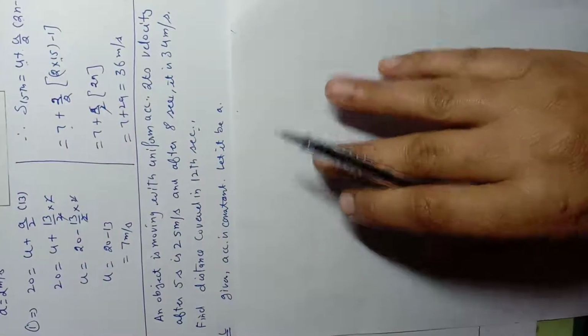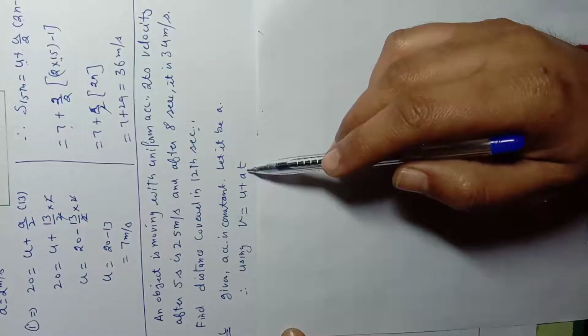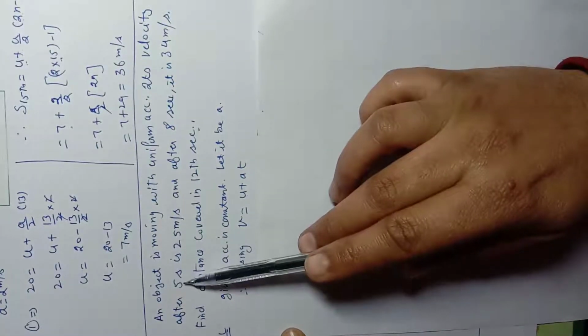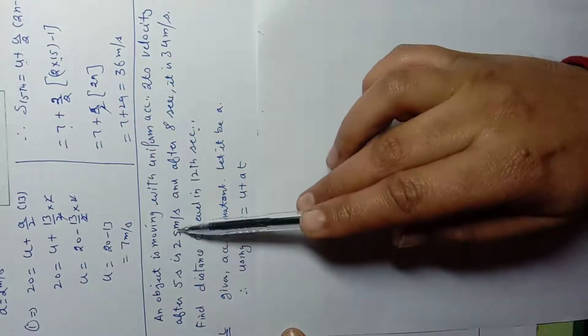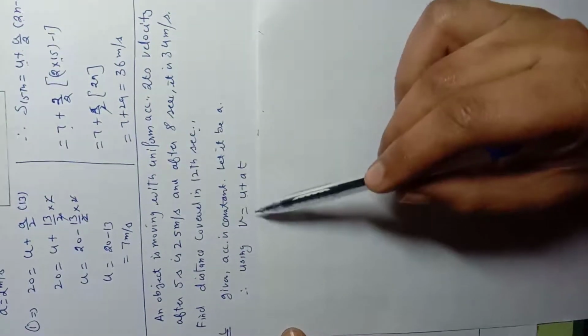In order to find u and a, we use the equation v equal to u plus at, because we are given time and velocity. Displacement is not known to us.